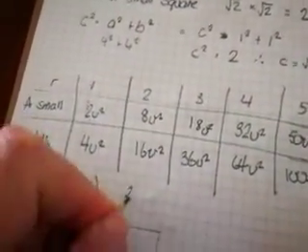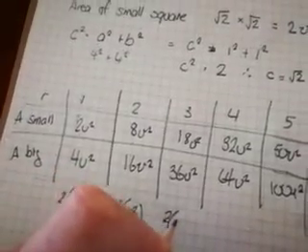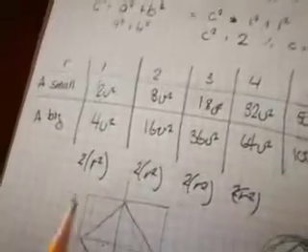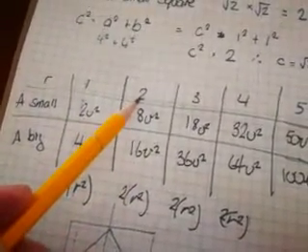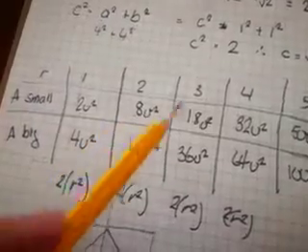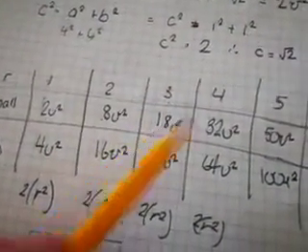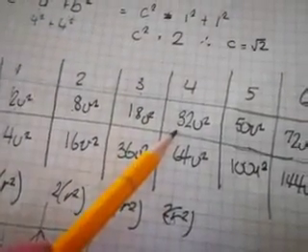If we continue on, 2 squared is 4 times 2 is 8. 3 squared is 9 times 2 is 18. 4 squared is 16 times 2 is 32.